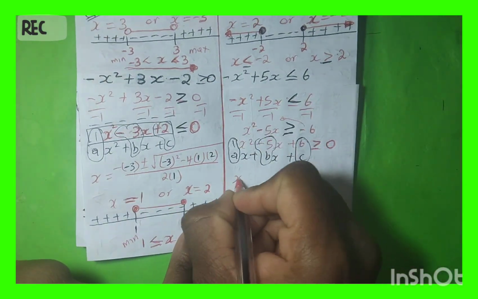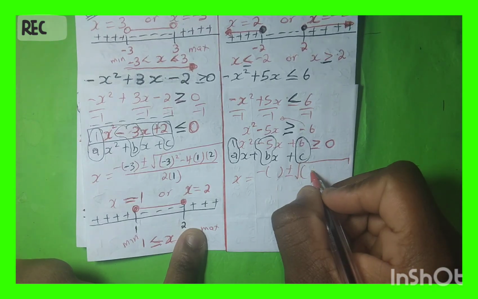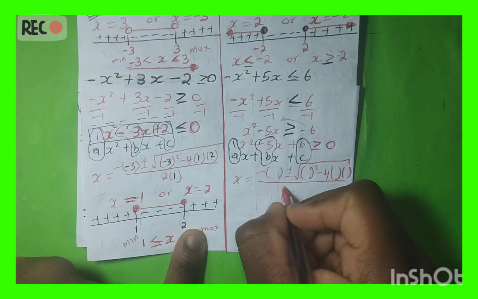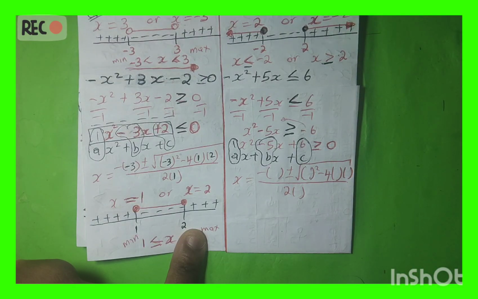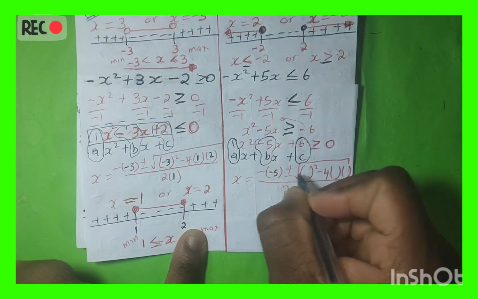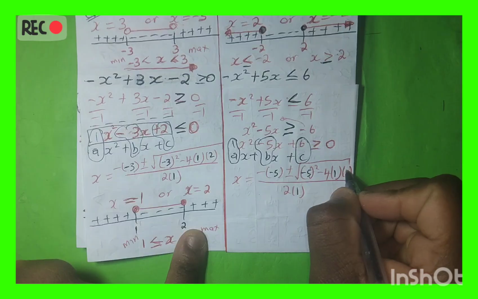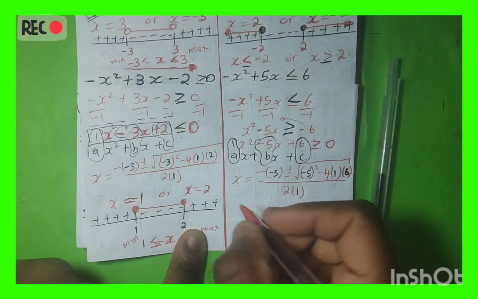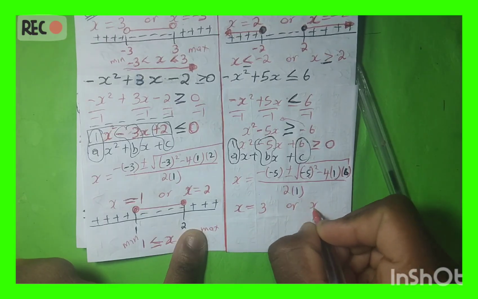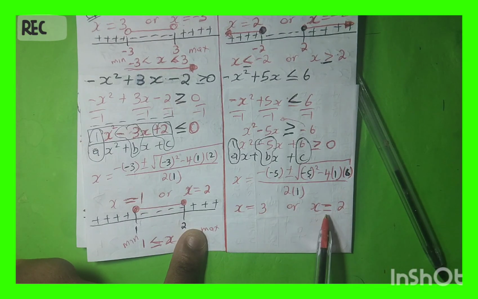And I can substitute this into my quadratic formula, which is minus b plus or minus the square root of b squared minus 4ac, dividing by 2a. My b will be -5, my a is 1, then c is 6. So these are the values that I should get there. I should get 3 and 2.